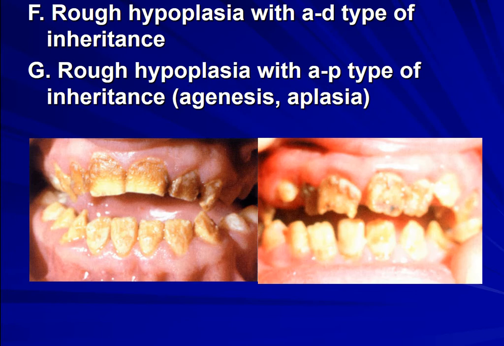These two photos demonstrate rough hypoplasia with autosomal dominant type of inheritance and rough hypoplasia with autosomal recessive type of inheritance, agenesis, aplasia.